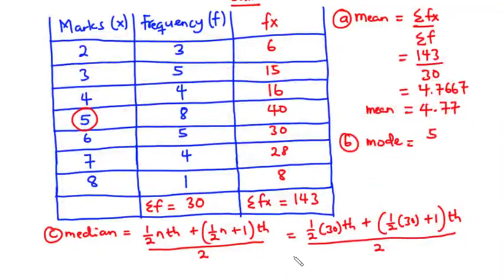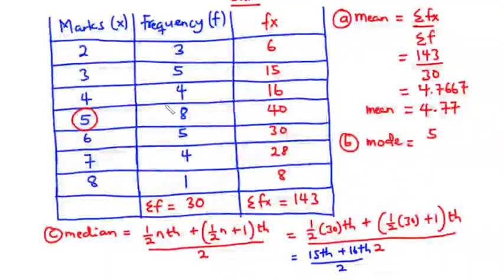So half of 30 is 15. So we have 15 th plus half of 30 is 15, and then 15 plus 1 is 16. So 16 th divided by 2. So the median is basically the 15th value or the 15th mark plus the 16th mark divided by 2.